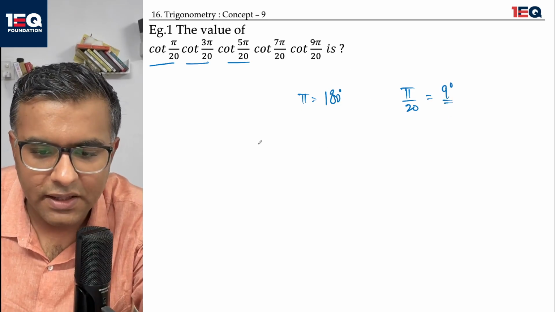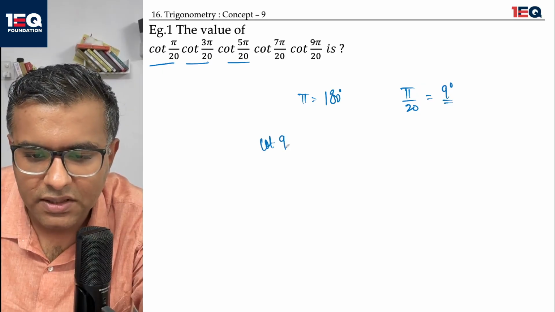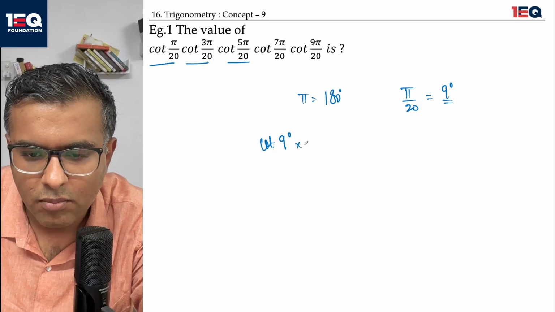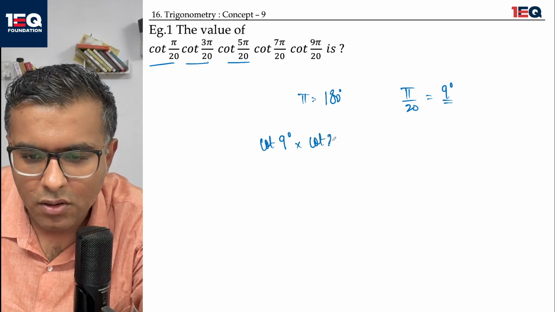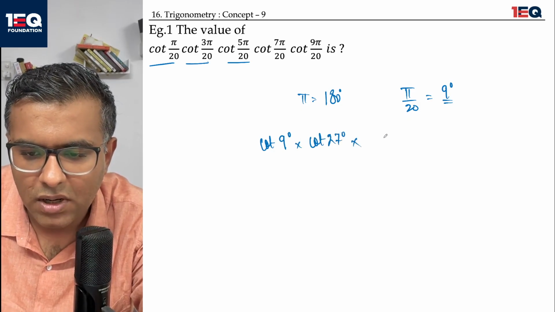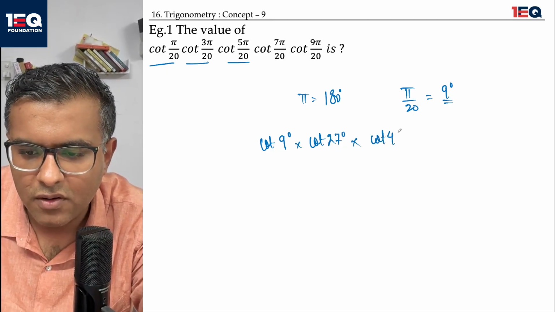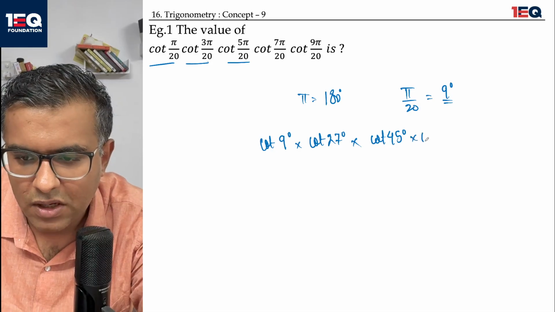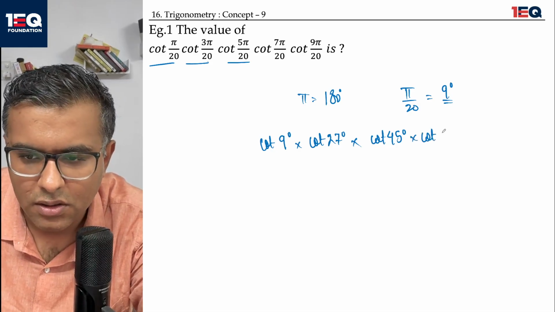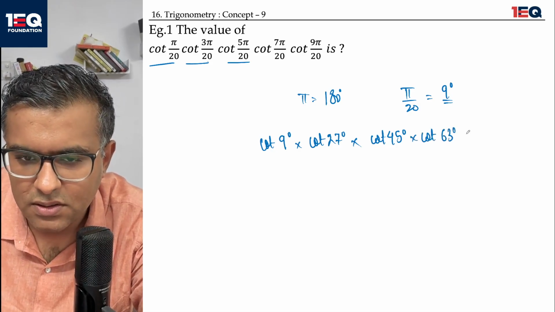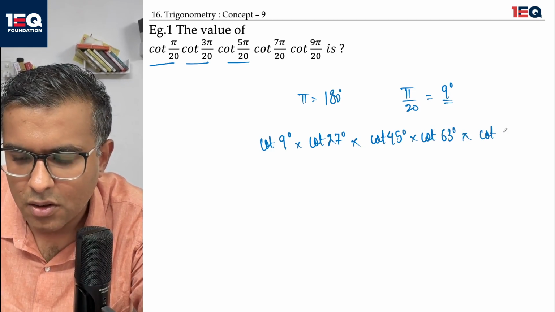So I'll quickly write that down. This is cot 9 degrees multiplied by cot 27 degrees multiplied by cot 45 degrees multiplied by cot 63 degrees multiplied by cot 81 degrees.